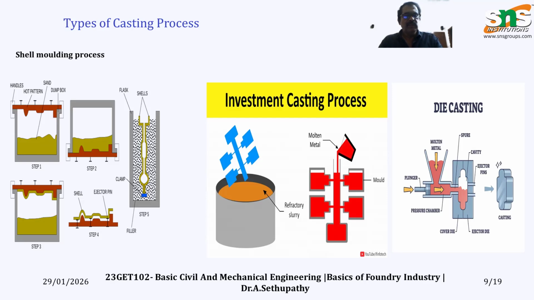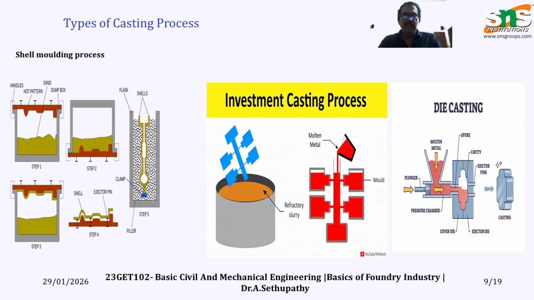After some time, the box is rotated back by another 180 degrees. Now the pattern goes upside and the box goes downside. You can see the pattern is covered by a small layer of resin-mixed sand.